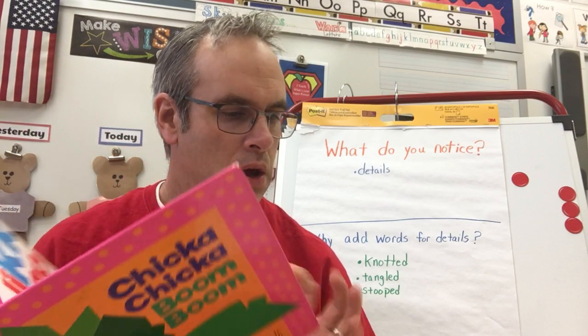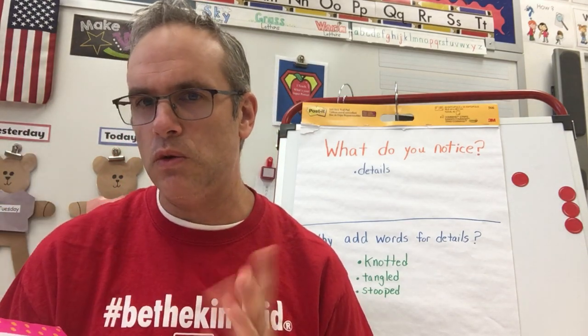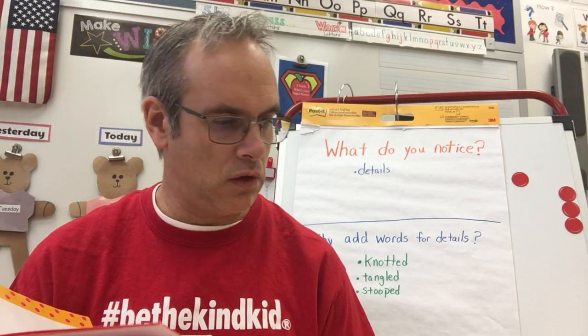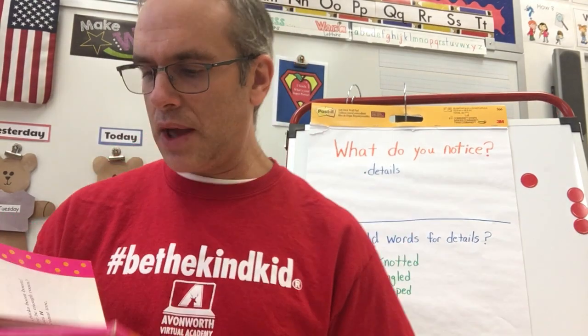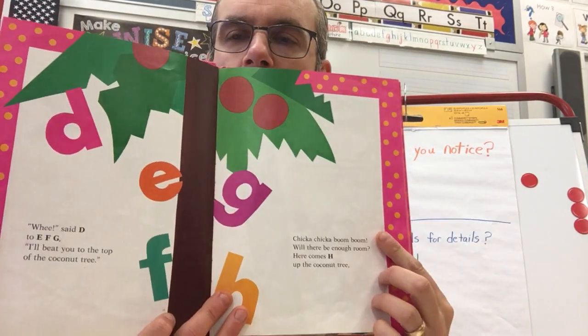And we're going to look at details and how an illustrator uses details when they're creating a story. We're going to look at some of the words and how they use interesting words to add details to their story. So a couple of things that we're going to look at are how the letters are used in the story, okay?